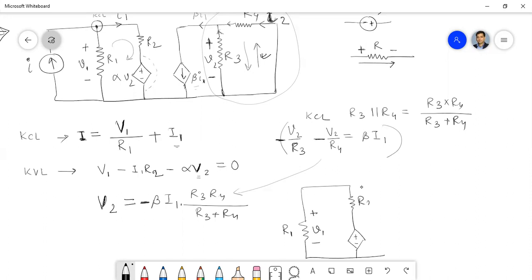This is R2. This is alpha V2. This is plus minus V2, R3, R4, and here you have the voltage.